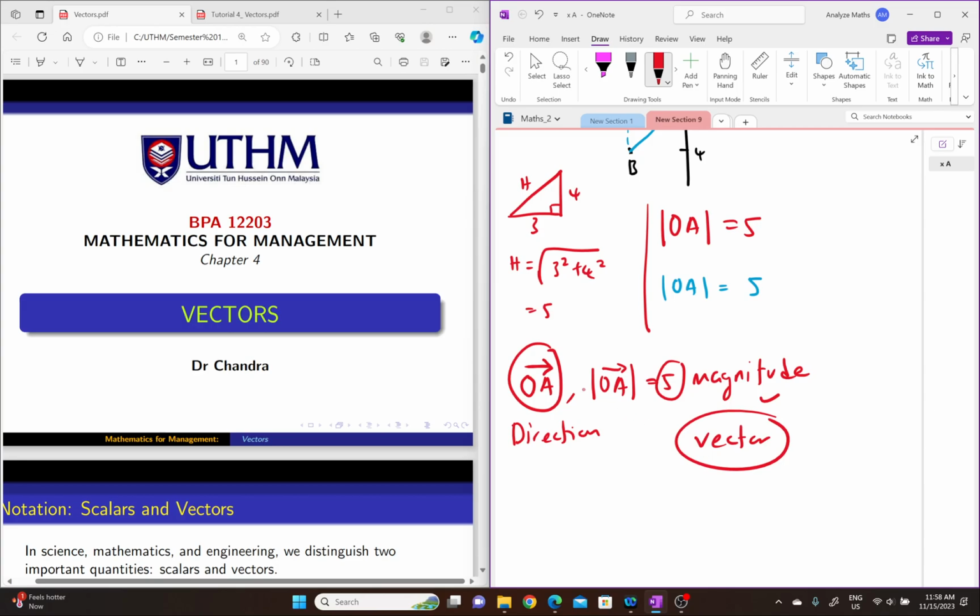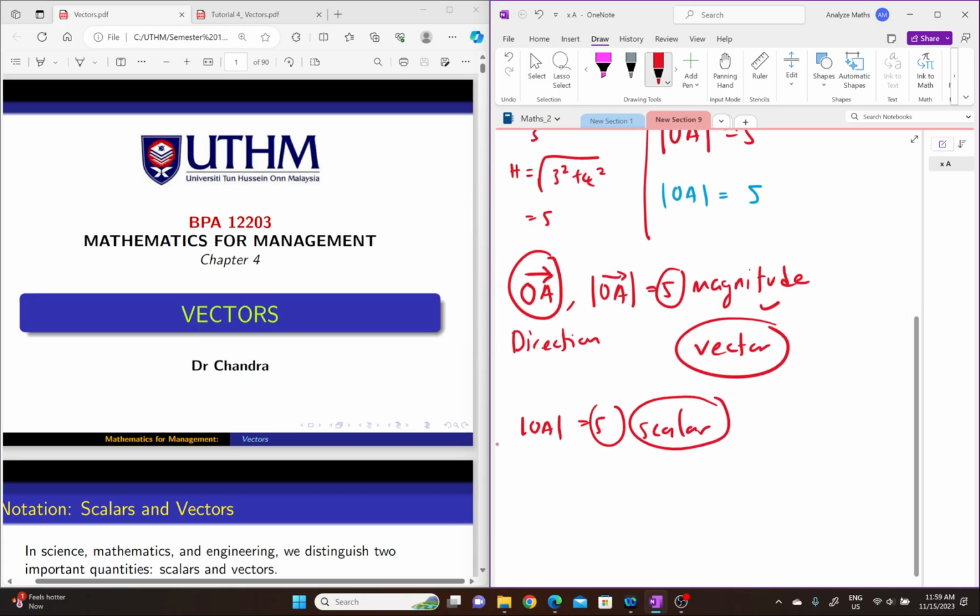Any measurement like OA where I don't put a direction, just 5, is known as a scalar. A unit with magnitude only is known as a scalar. A unit with magnitude and direction is known as a vector.